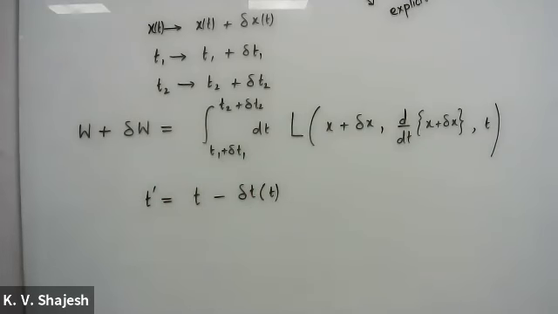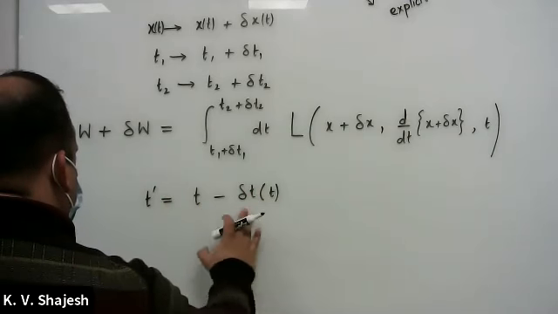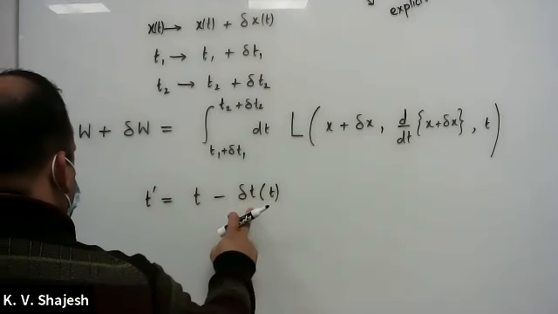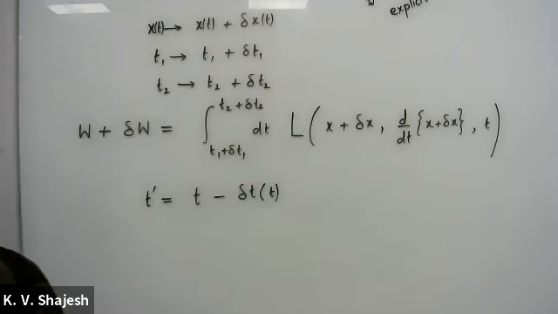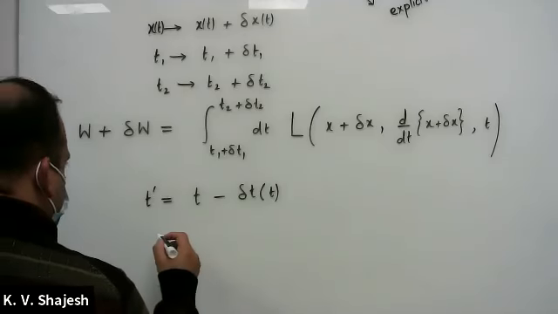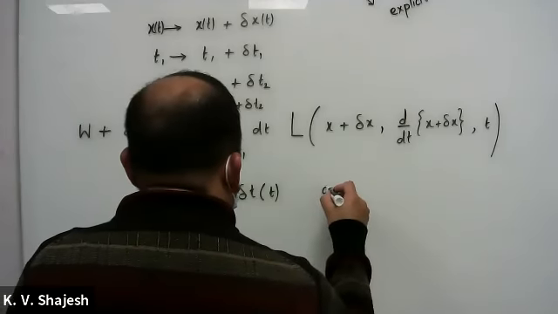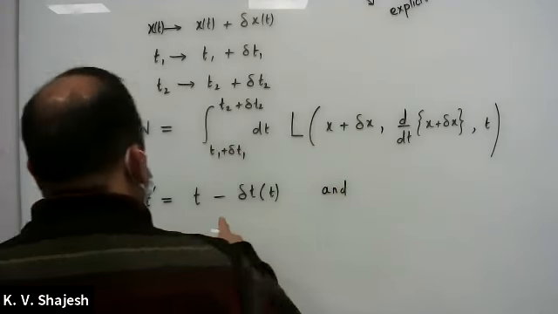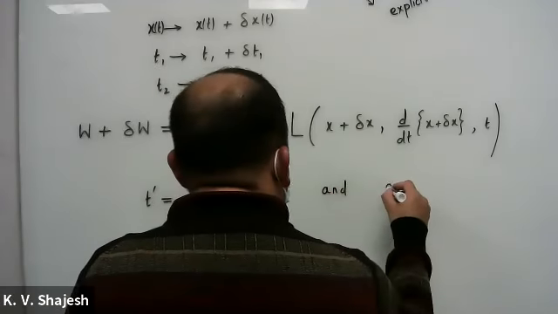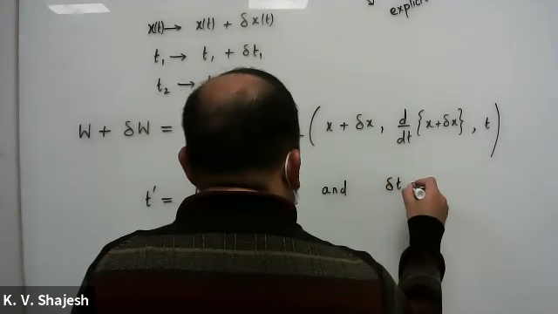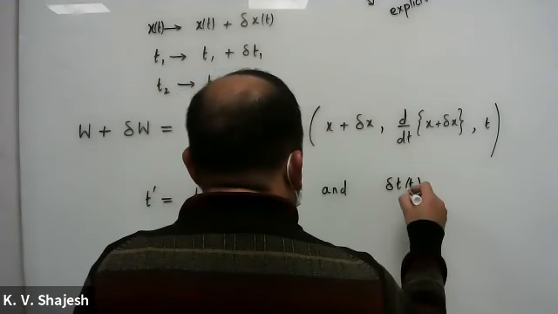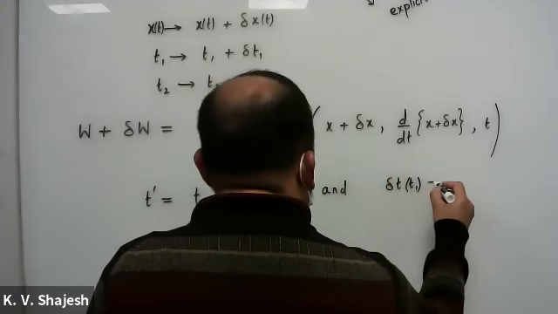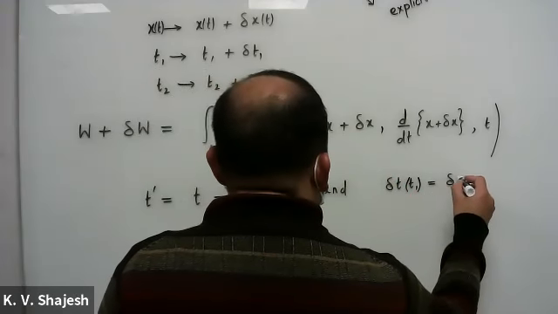This is a completely arbitrary substitution, except that I require that this function has the value at T1 to be exactly delta T1.